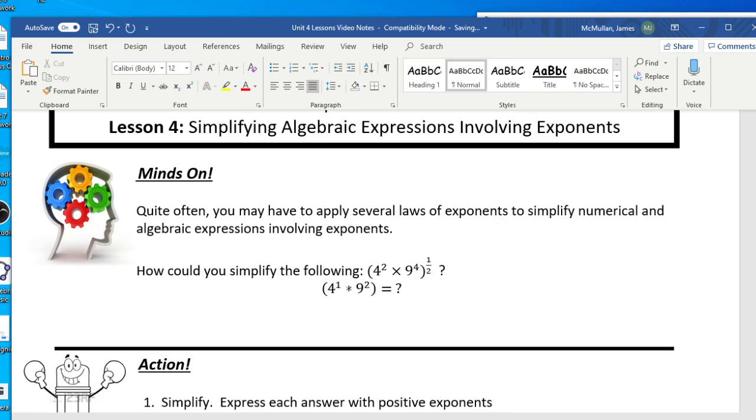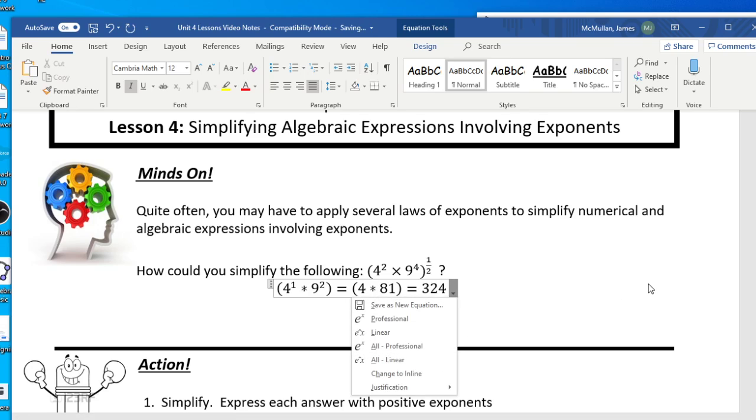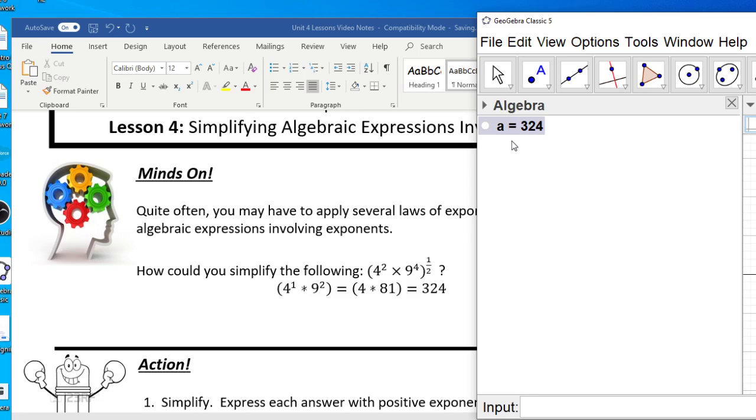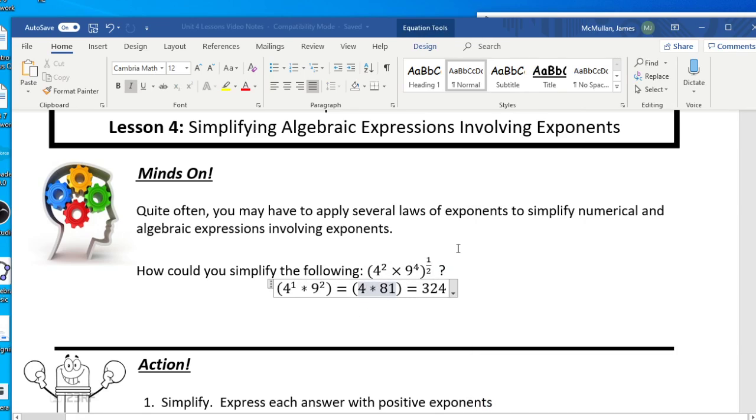So I'm going to come up with a theory and test it. What happens when I multiply 4 times 81? I get 324. Now I know that is the same number as the answer, so I know what I did there makes sense and works.